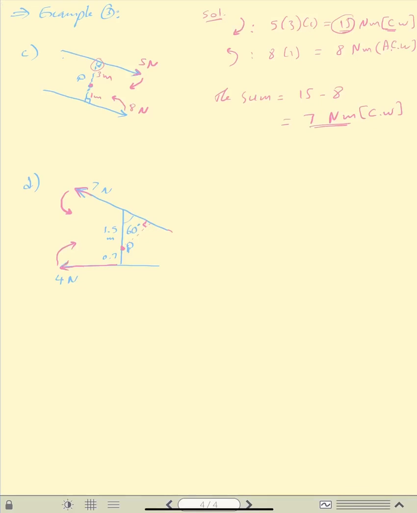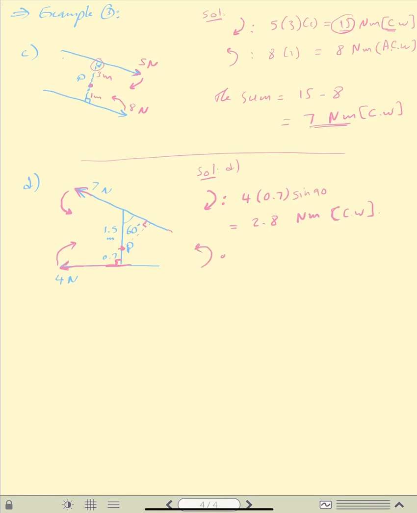So for part D, the 4 Newtons is clockwise, in this diagram, and this is 90 degrees. Focus well here. So 4 Newtons, 0.7 is the distance between P and the force, 0.7 meters times sine 90, which is 2.8 Newton meters clockwise.